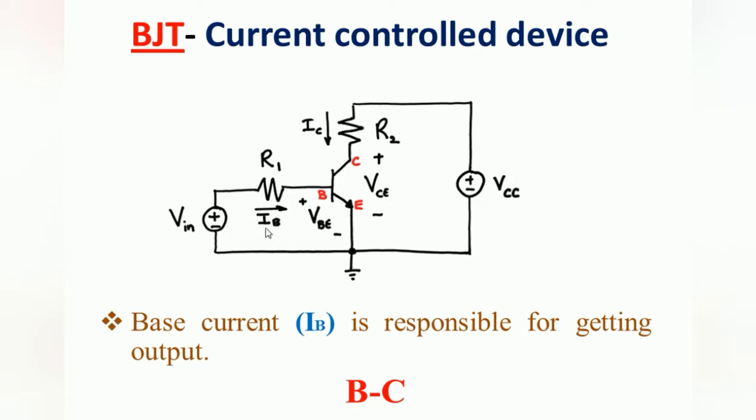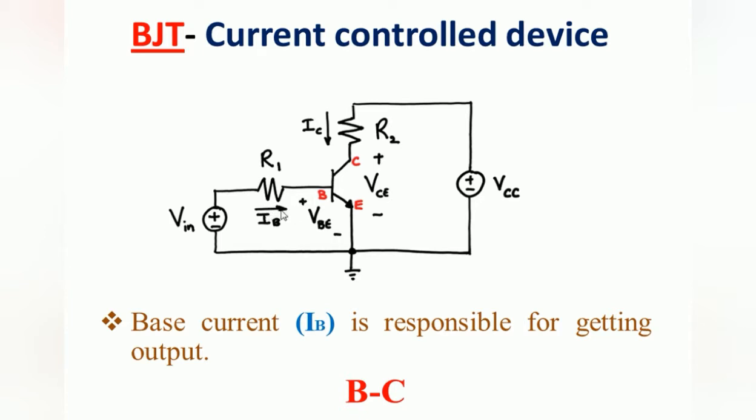Without any base current, the output of the transistor is zero. We get the output only when we apply the current IB. That is why it is called the current control device: the output depends upon the input current, that is, the base current.